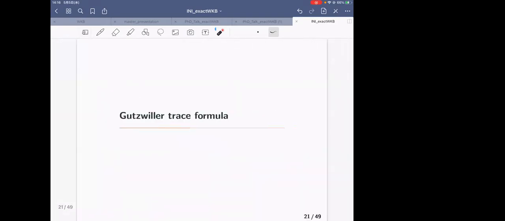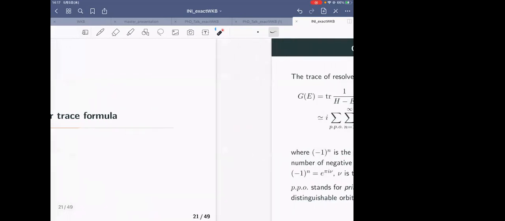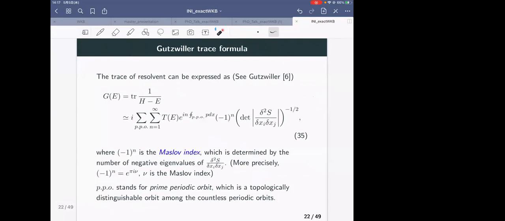I suppose some of the audience are not familiar with the Gutzwiller trace formula, so I explain what it is first. The trace of the resolvent can be expressed as a summation over these cycles, over precise classical orbits.